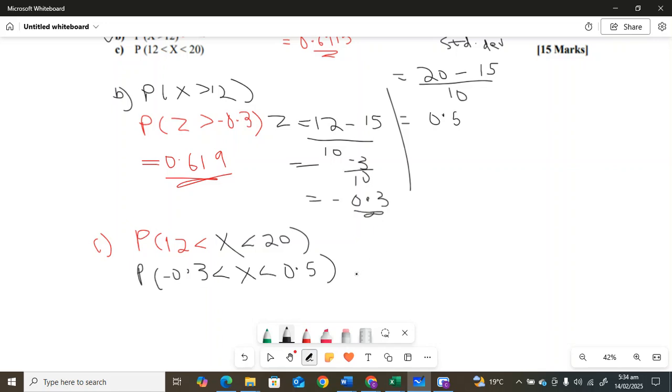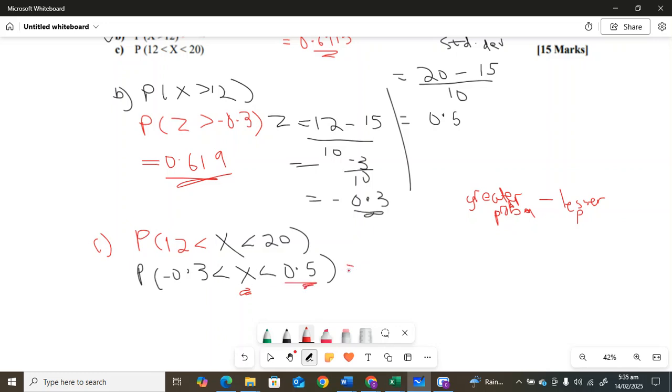So always remember this. Whenever you have x between two values, it's the greater probability minus the lesser probability. Since 0.5 is greater than negative 0.3, this one has the greater probability.